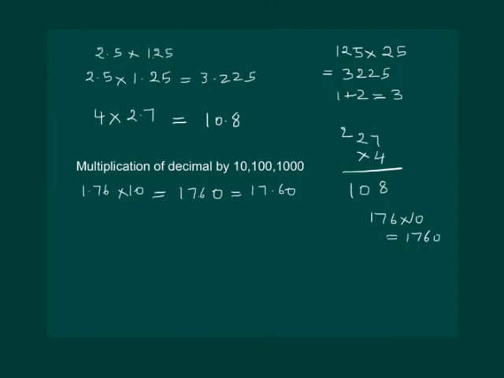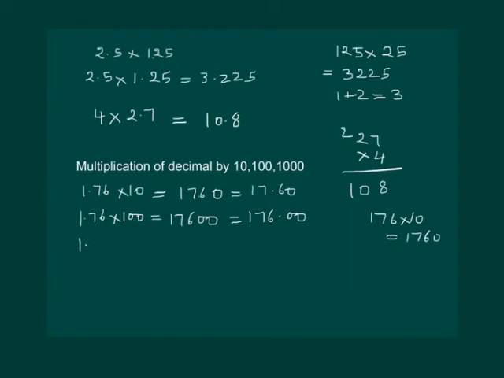Now let us check for 1.76 into 100. This will give us 17600, and now we have 2 digits, so shifting 2 points will give the answer as 176.00.